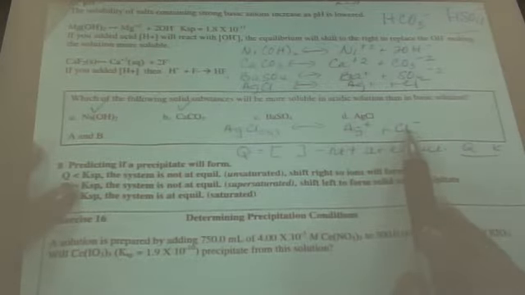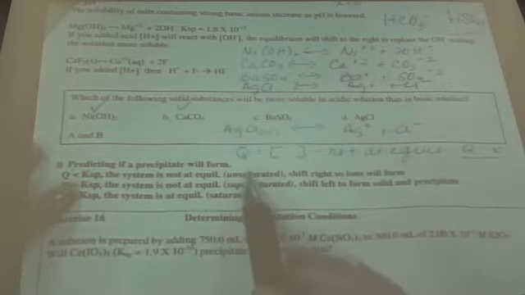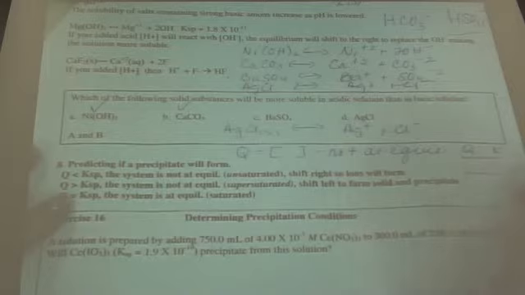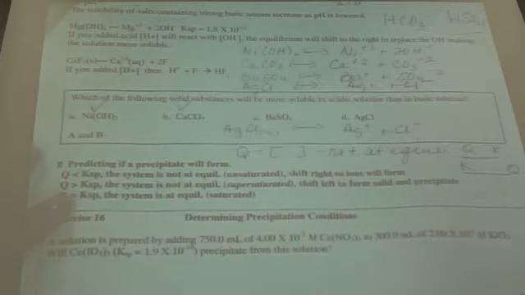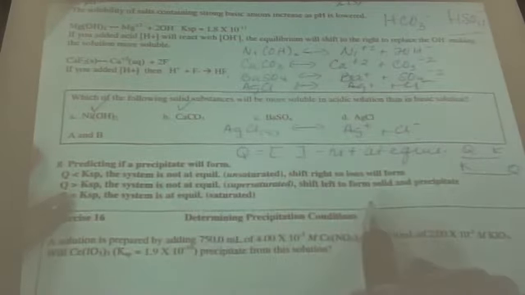Something that can dissolve more means that it's unsaturated. If Q is the opposite way, bigger than K, that means the reaction will shift this way to make more of the solid. That means that it will precipitate.